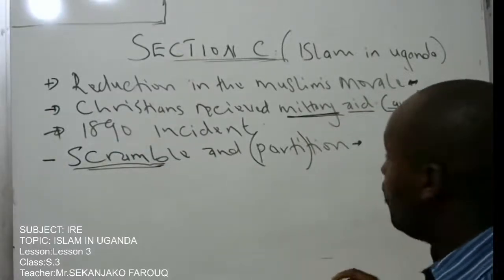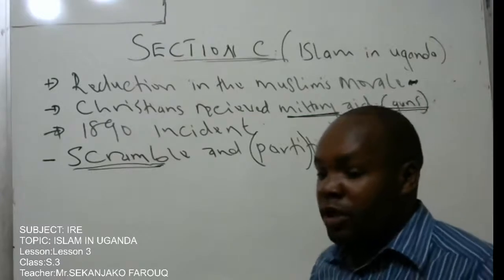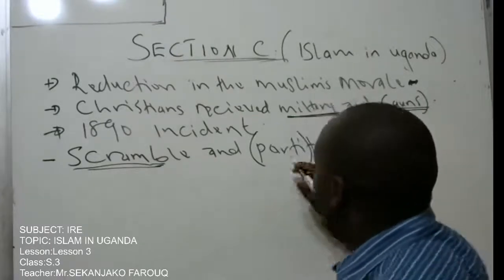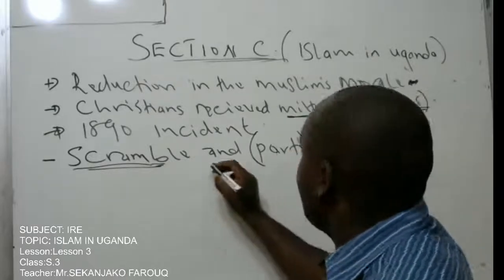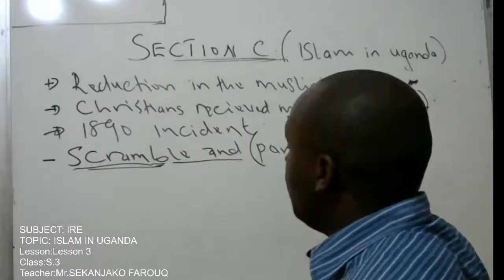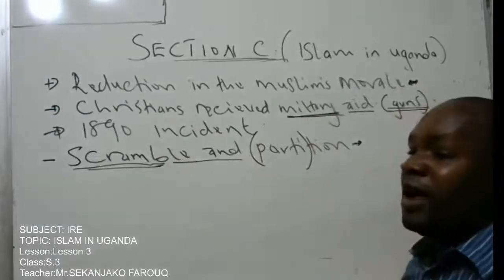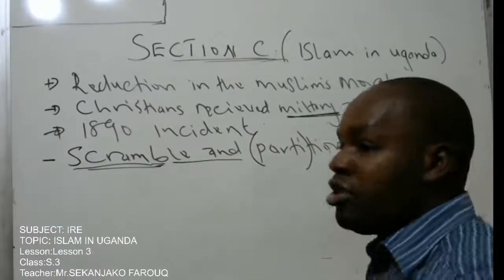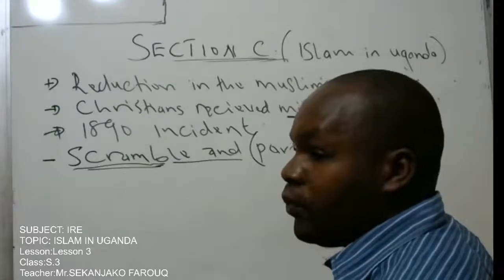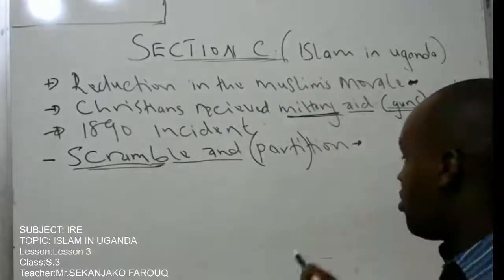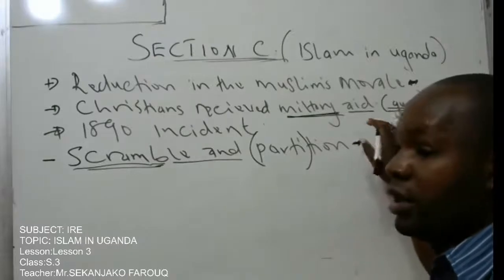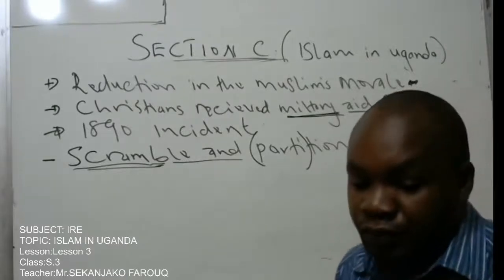A lot of industries were developed in Europe, and therefore they could not find where to sell their products, and they had to look out for different areas. So by coming in, they had to use all means possible to take control of these areas so they could easily sell off their products in Uganda and in Africa in general.